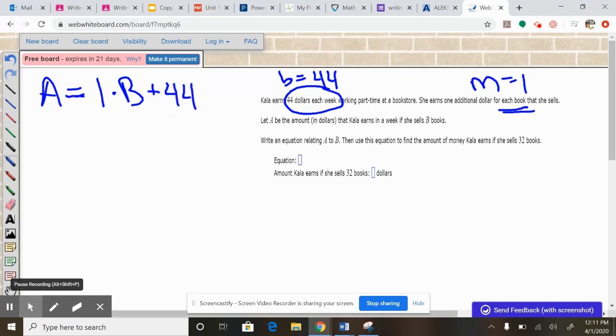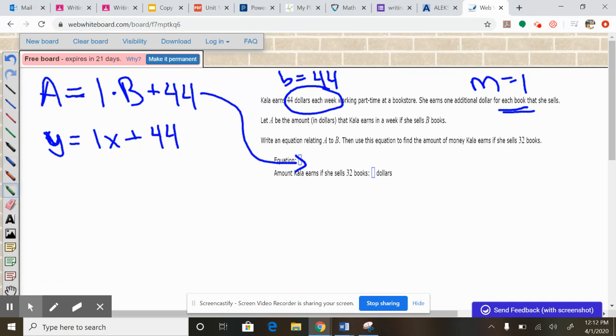Again, it's basically slope-intercept form. It's just not using y and x. If you want to see it in actual slope-intercept form, it would look like this. We are just using different letters to go with the words from the problem. And then so this equation would go in right here.